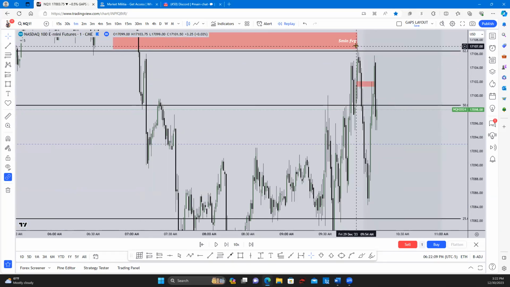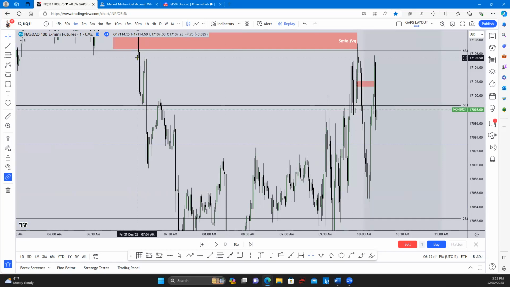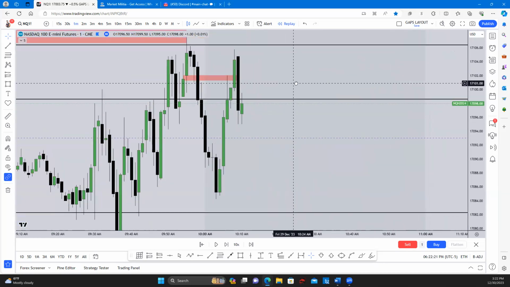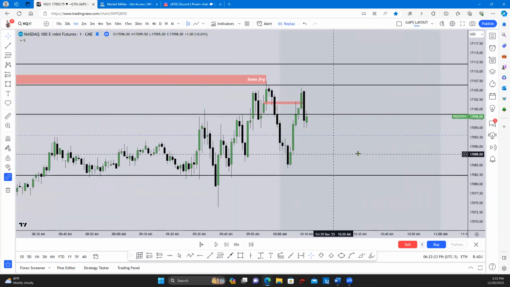Notice the wick, but the candle bodies were staying inside of this 7 a.m. high, this 1-minute fair value gap in there. So the wicks will do the damage, but you always want to watch how the candle bodies are closing to read the price action. Okay.